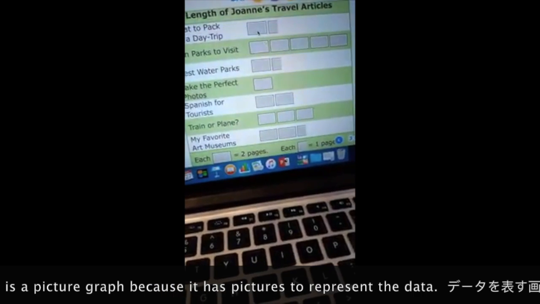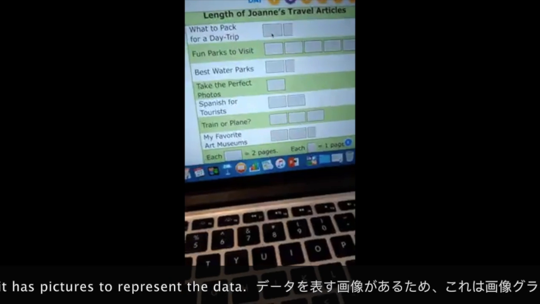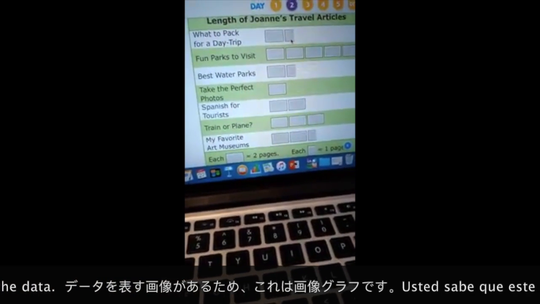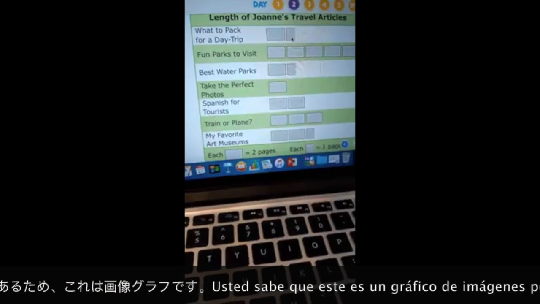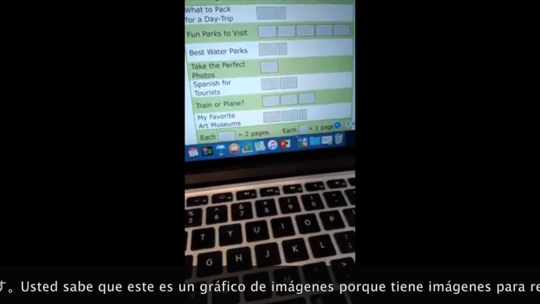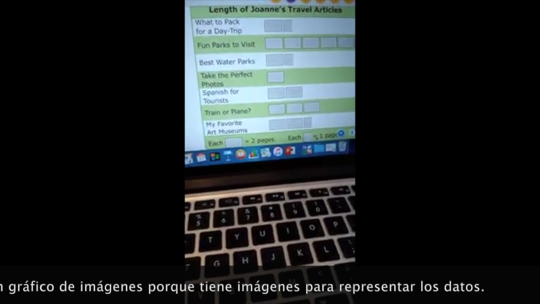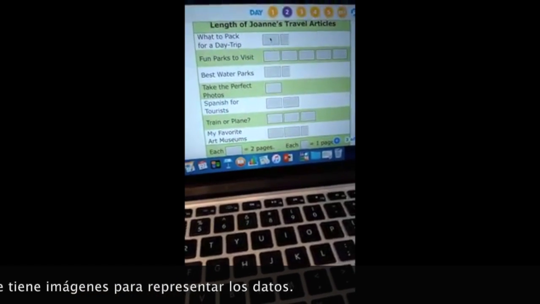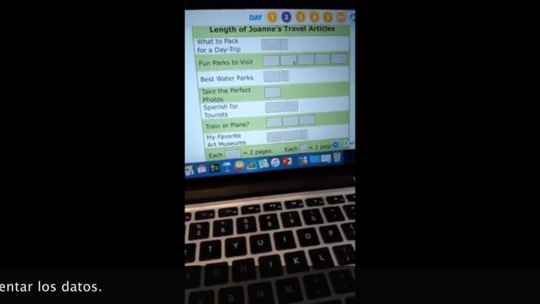So even though this looks like 1 page, it actually represents 2 pages. And even though this looks like a page that's been ripped, it actually represents 1 page. So make sure that you're always looking at the key when you're solving a problem with a graph, because that's going to tell you what is the quantity for each image, right?